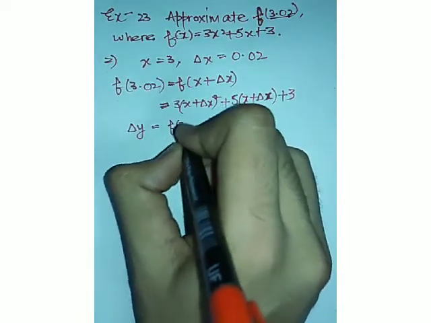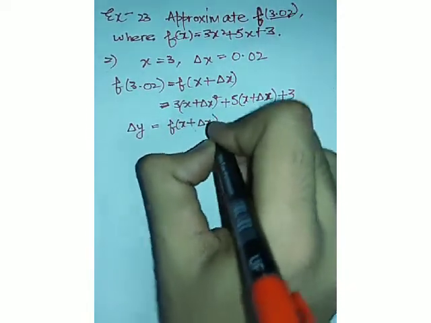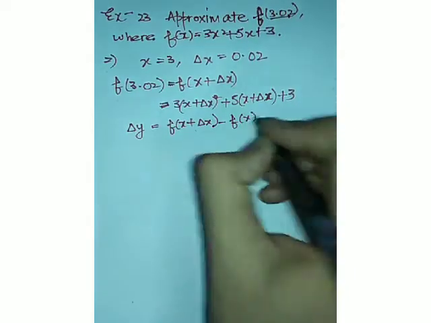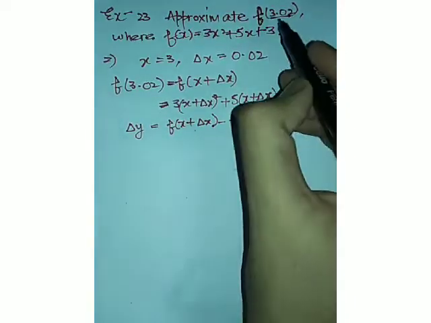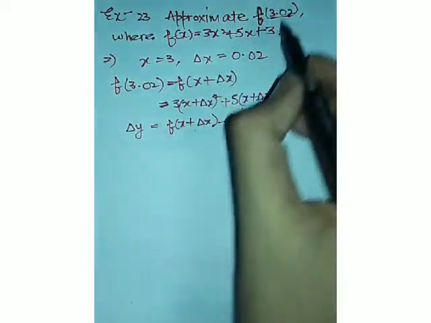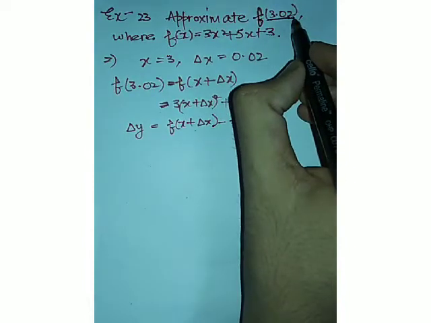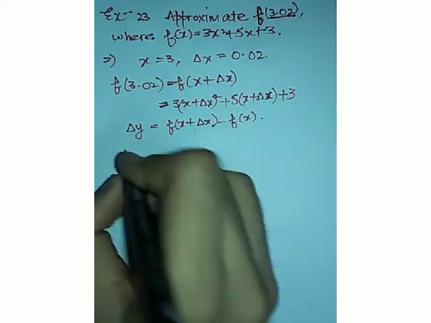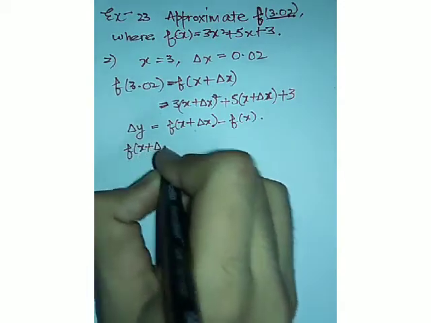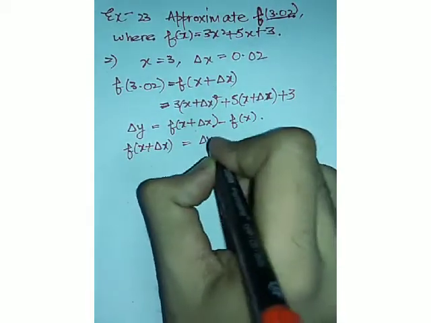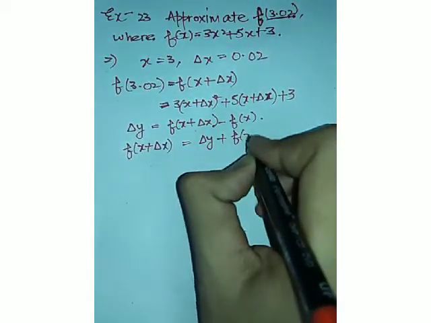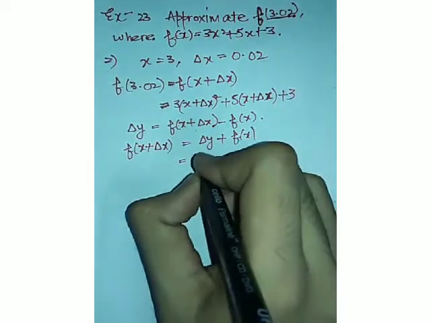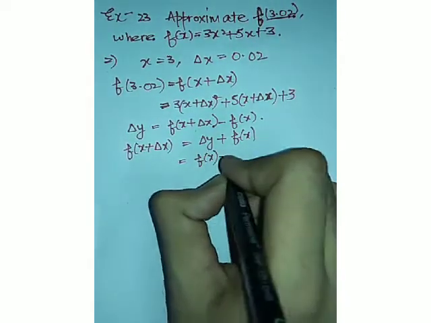That is f of x plus delta x minus f of x, right? And we have to find the value of x plus delta x here because we have to find the value of f of 3.02. So f of x plus delta x will be equal to delta y plus f of x.